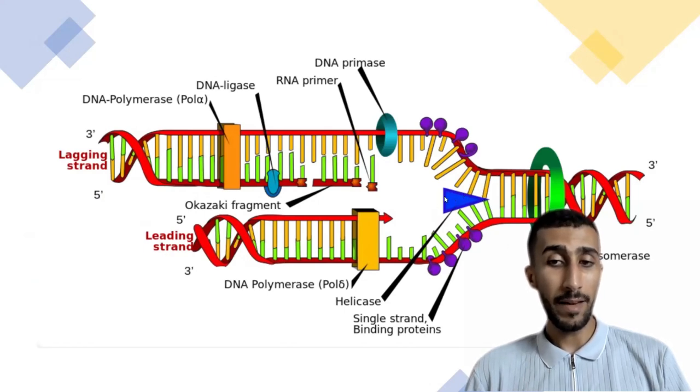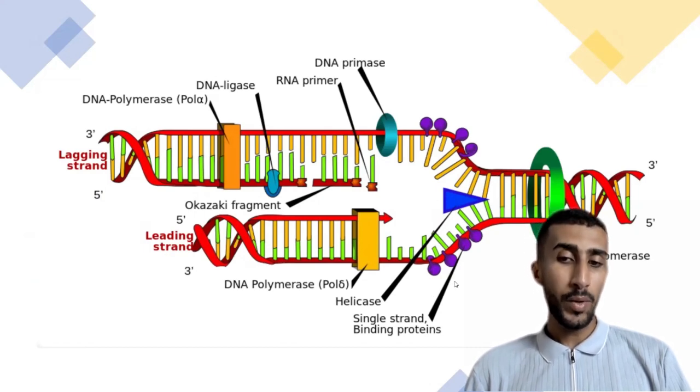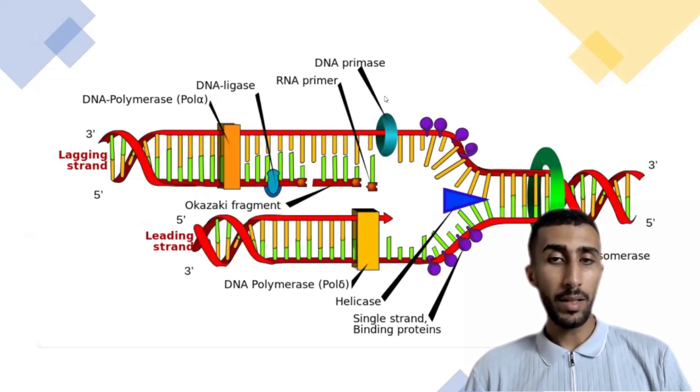After the helicase has separated the parent strand into two strands, these proteins prevent the DNA from re-annealing again.